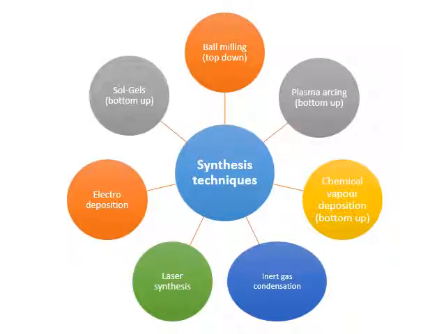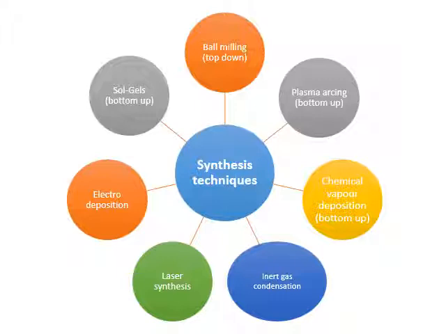By categorizing the synthesis methods of nanomaterials, here we have different methods of producing nanomaterials. We can start with ball milling, plasma working, chemical vapor deposition, inert gas condensation, laser synthesis, electro deposition, sol gel method, and these are some of the methods which are widely used for the synthesis of nanomaterials of different forms.